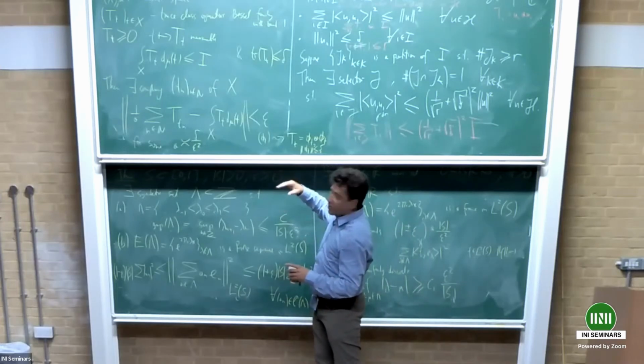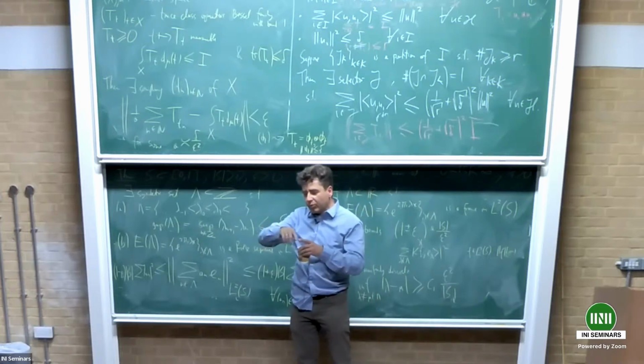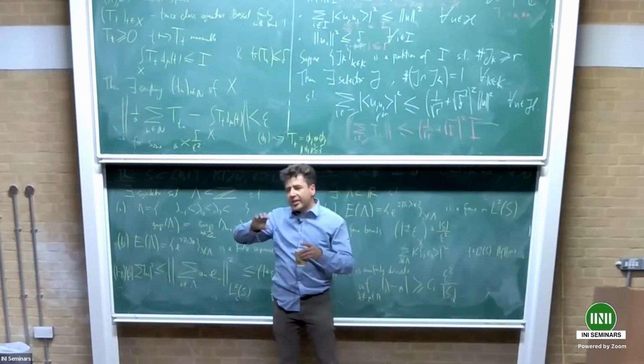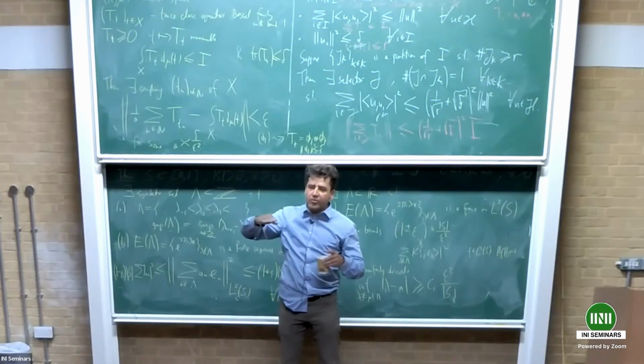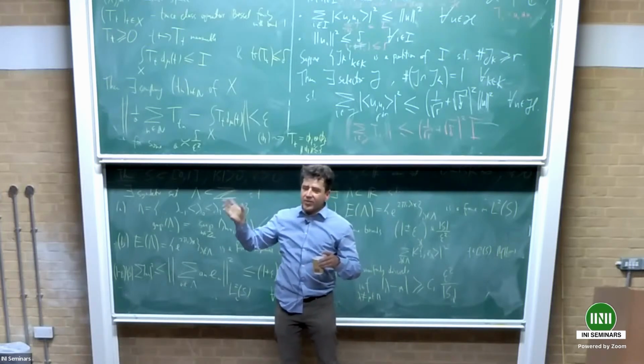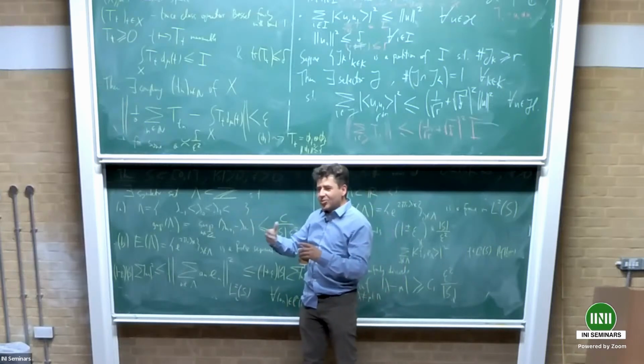Once they start from a continuous Parseval frame, they show existence of a discretization, but it will not be tight. They can only get frames with the ratio of upper to lower frame bound that's 2 plus epsilon. And in my case, I can get arbitrarily close to 1 plus epsilon.